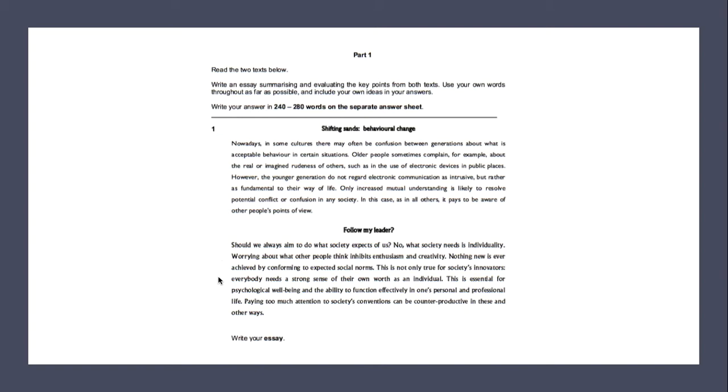Following one's own lead and not worrying or being overly concerned with what society thinks or adhering to conventions is key. We need to follow our own lead. Now, what you notice that I've done here is I've summarized each piece, but I've also paraphrased.